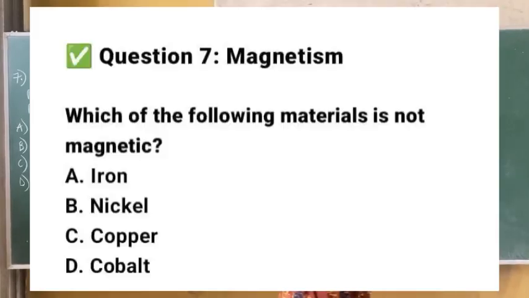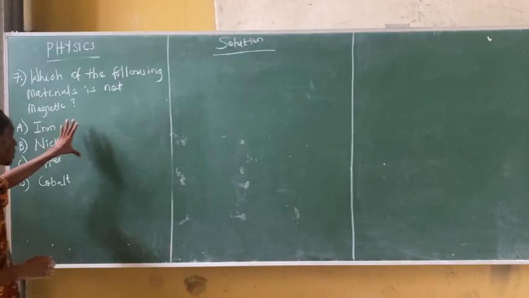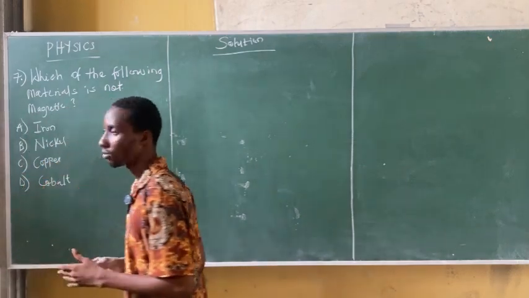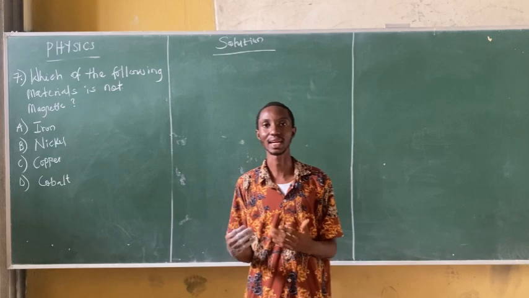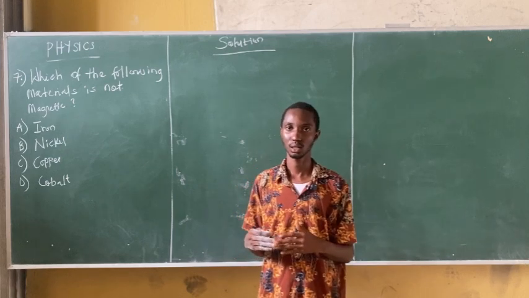Question 7 says, which of the following material is not magnetic? Option A says iron, option B says nickel, option C says copper, and option D says cobalt. Now, from these options here, they have what they call ferromagnetic materials. These materials are easily attracted by a magnet.